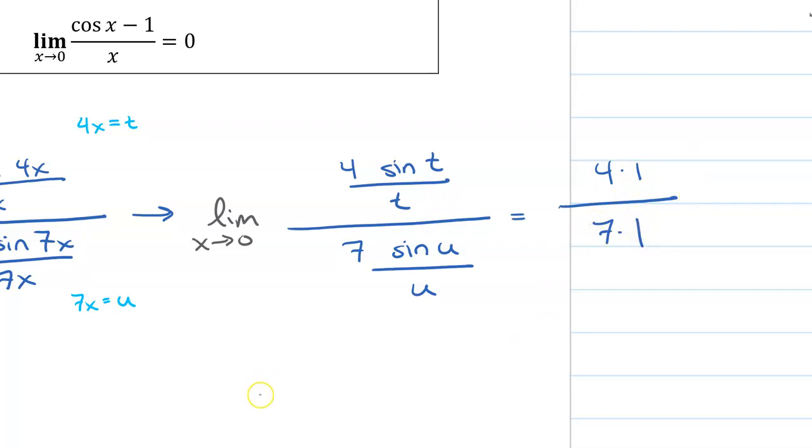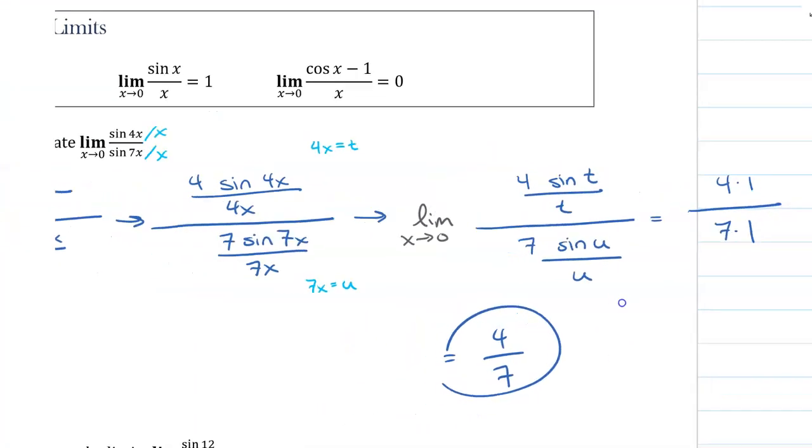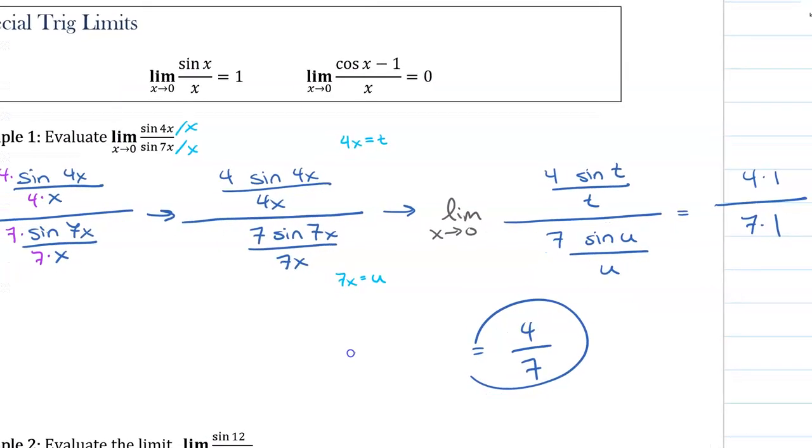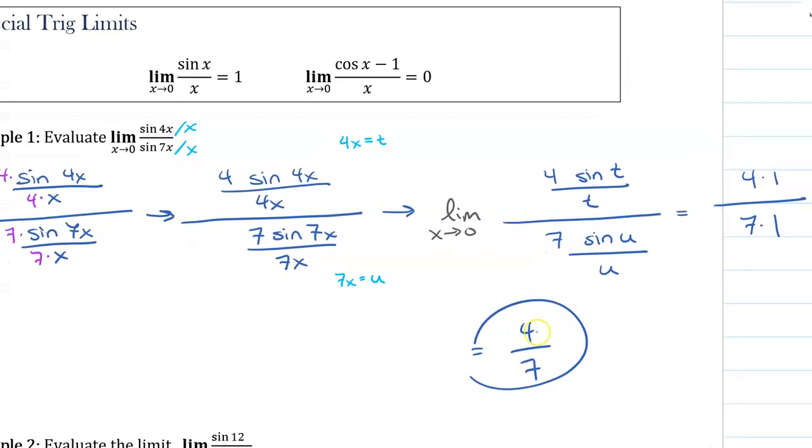So that would give me a lovely 4/7 as my final answer. So I just had to manipulate this to the best of my ability until I could actually work with that limit.